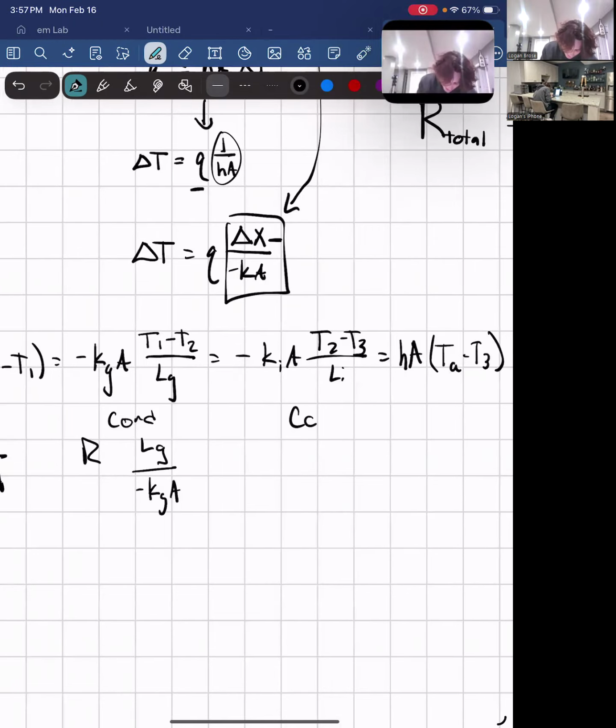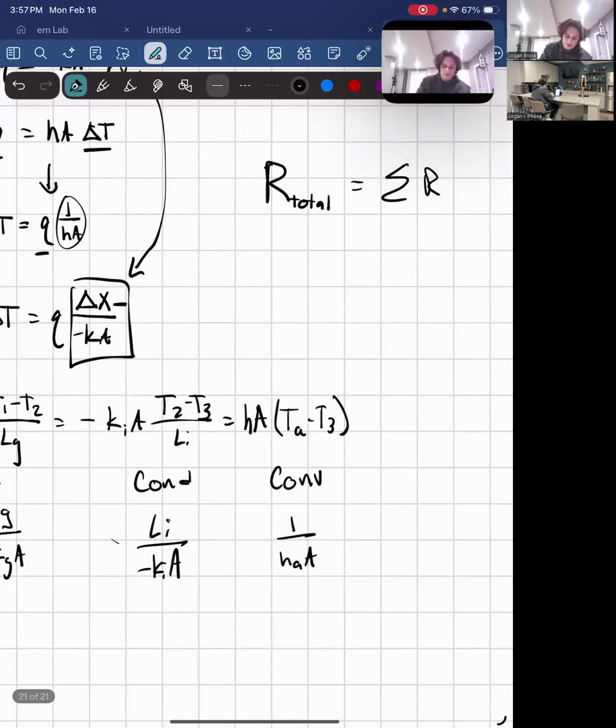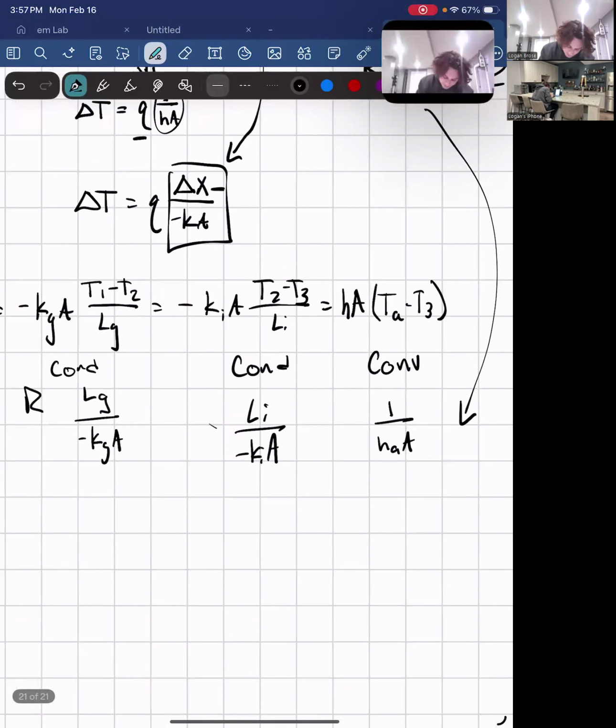And we can keep going. So the conduction for this one is Li over minus KIA. And then finally our convection, 1 over HAA.